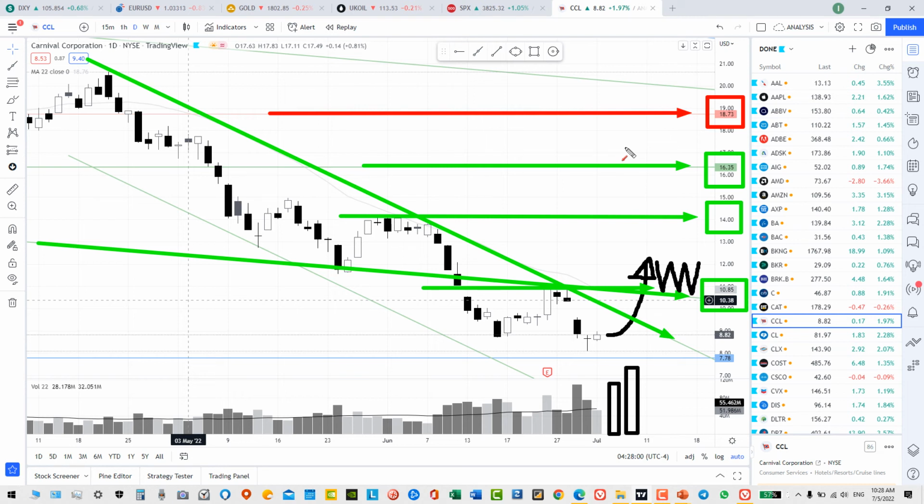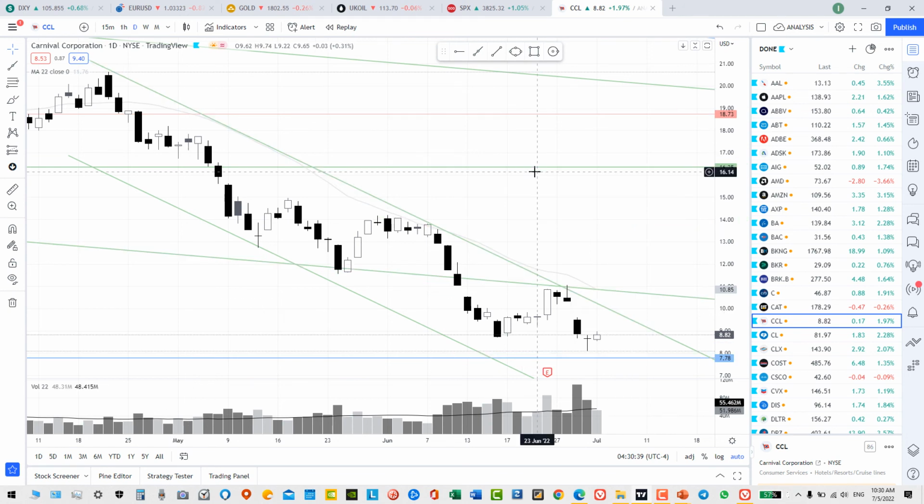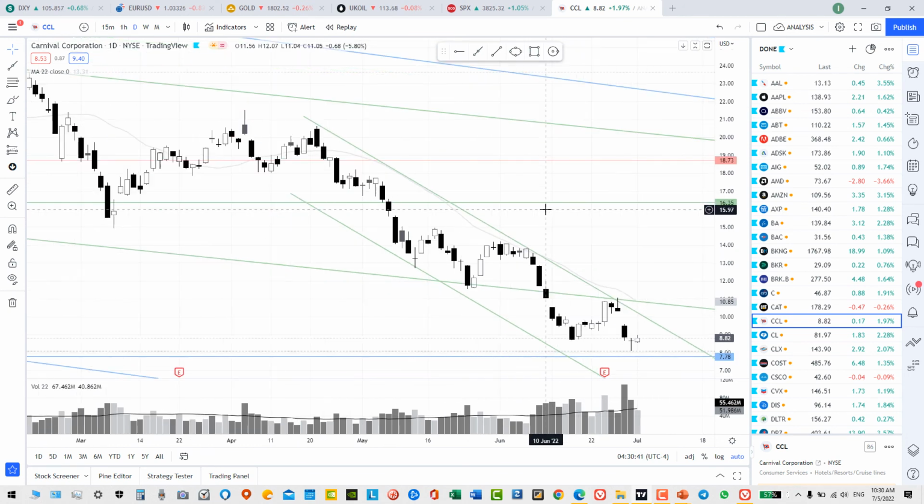Finally, the stop loss point may be anywhere just below the weekly support around the $8 area, and the targets over the short term, if these conditions are met, will be $14 first target, second target around $16 over the medium term, and over the long term we may reach $19. This is the bullish scenario.